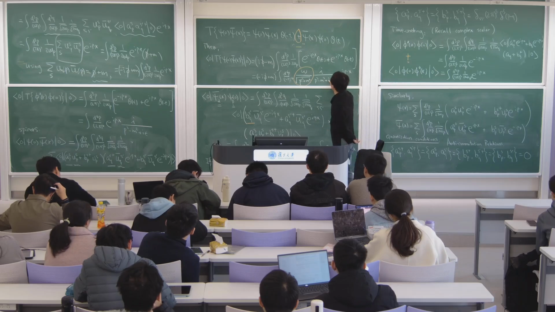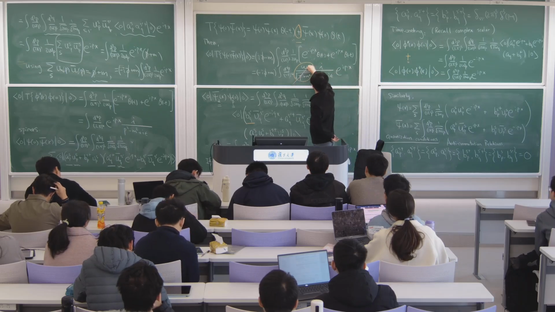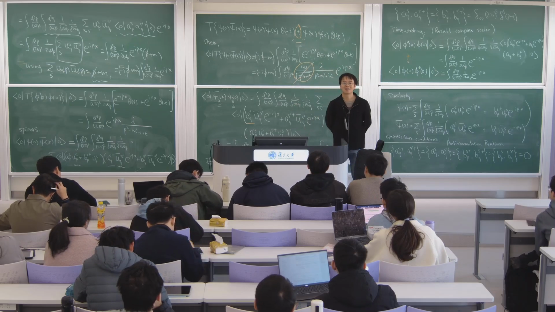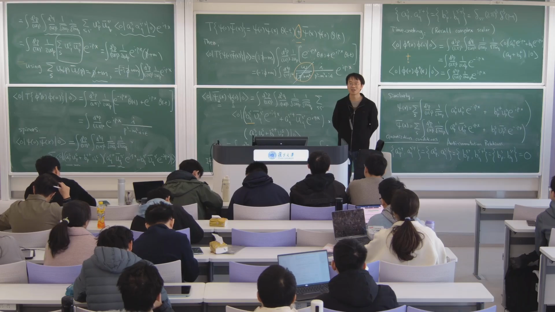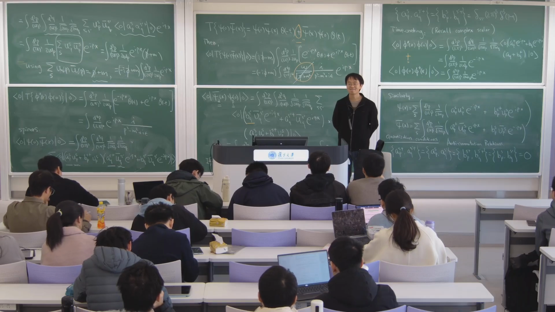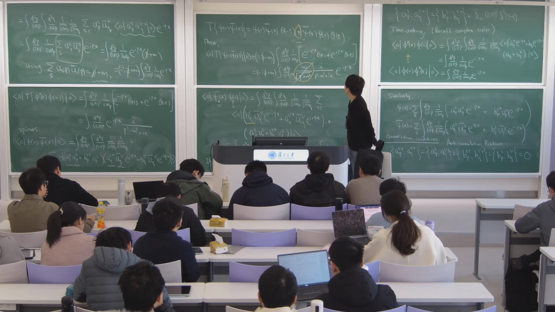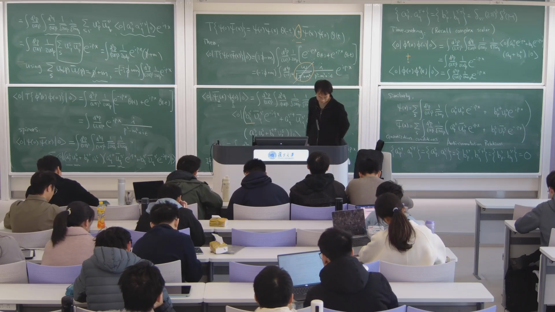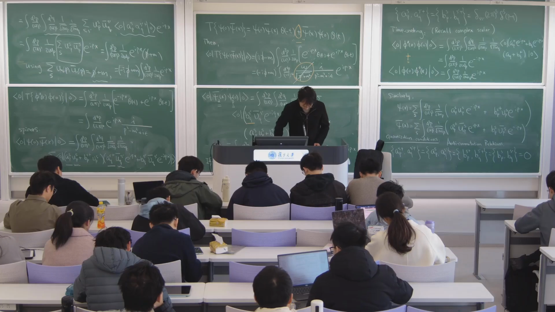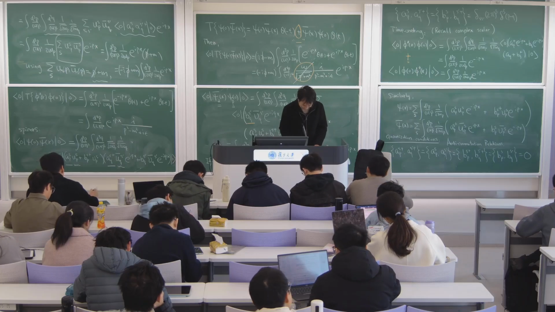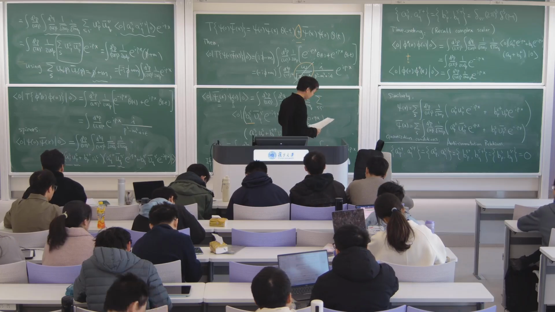Now this is plus, and with the plus sign this term is gone, using the contour trick. You can easily check this. If this is gone, then this is a Lorentz invariant result.